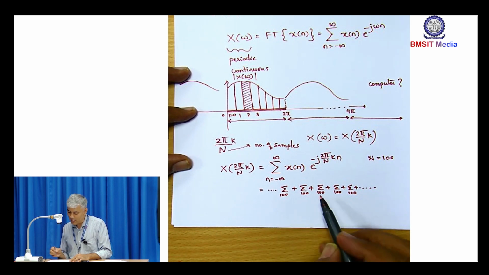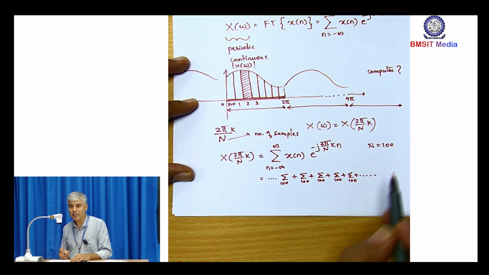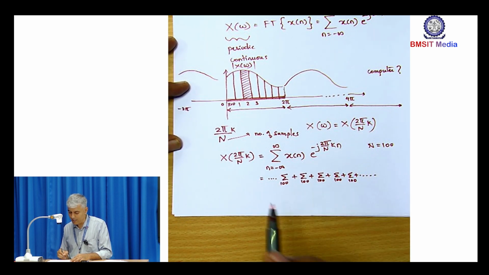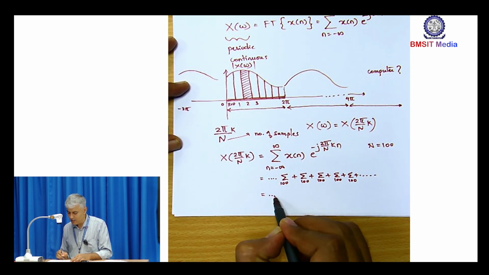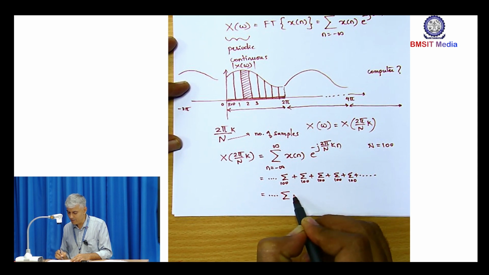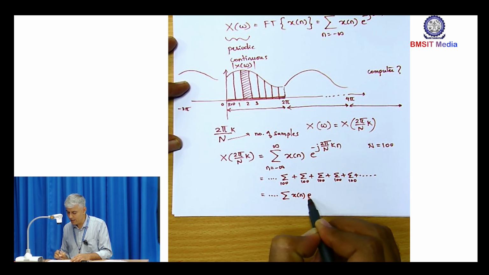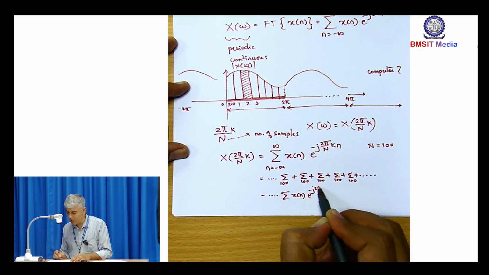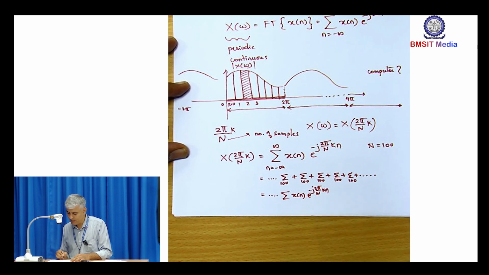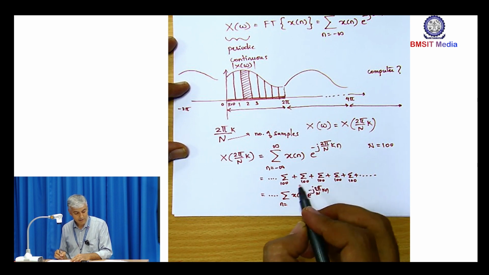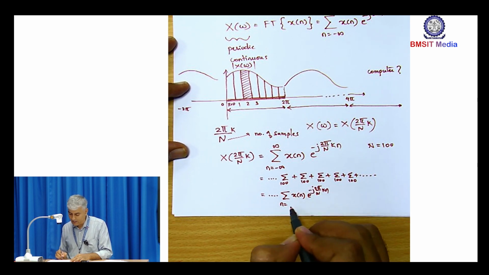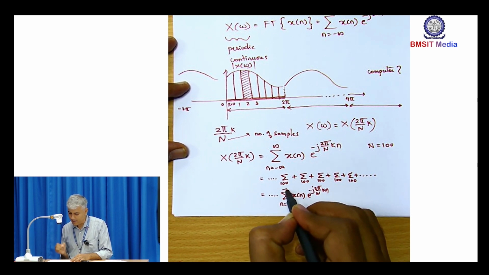So this 100, if I were to replace it using this capital N, then each term will have the same x of n e raised to minus j 2 pi by N k n, such that the n starts from minus N till minus 1.